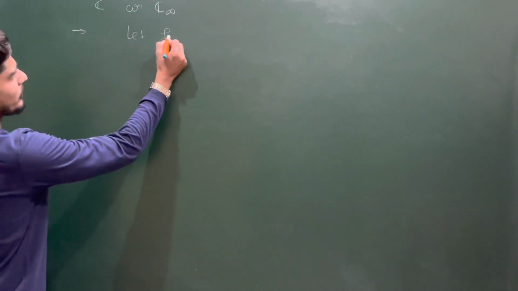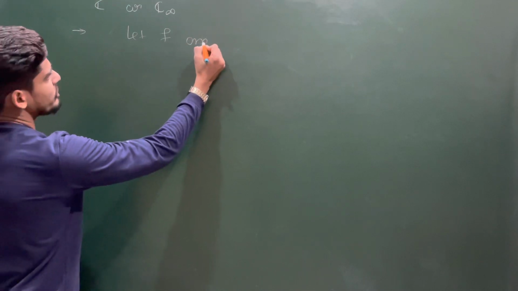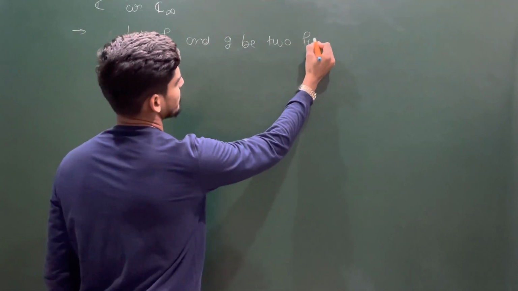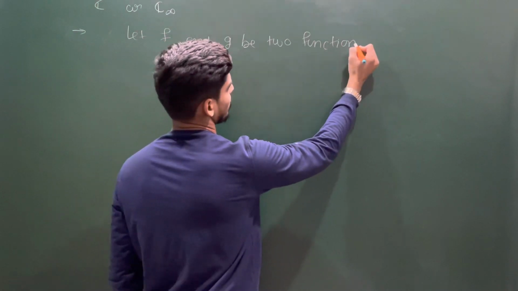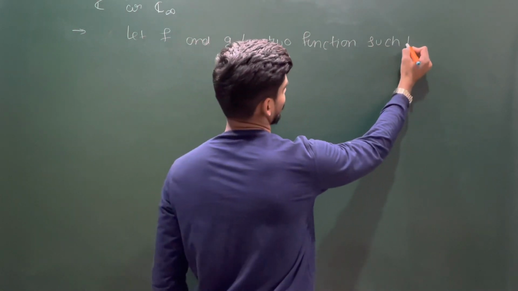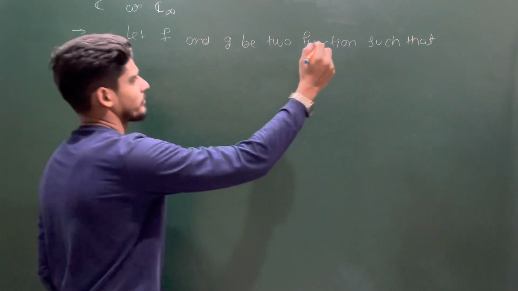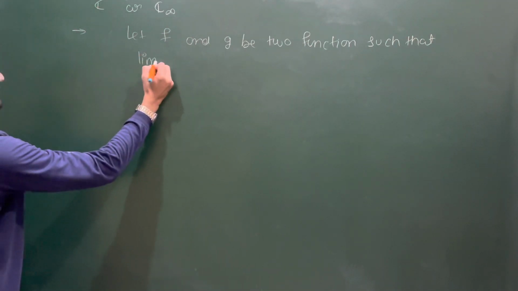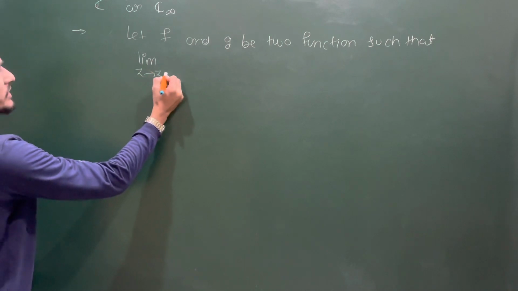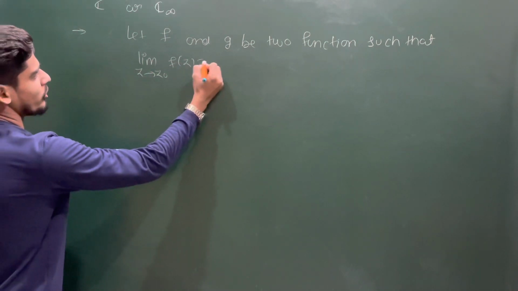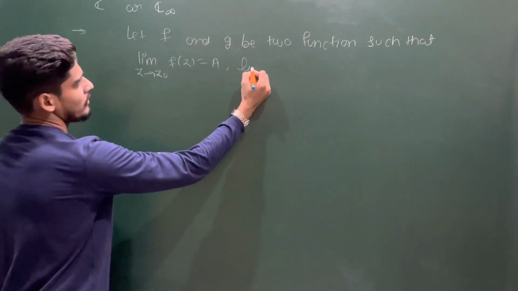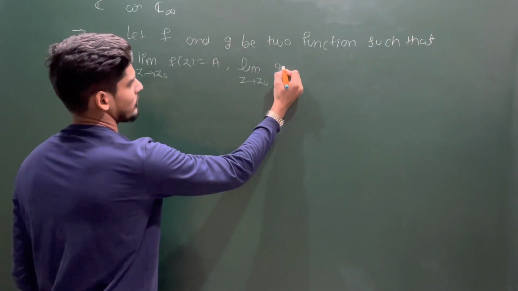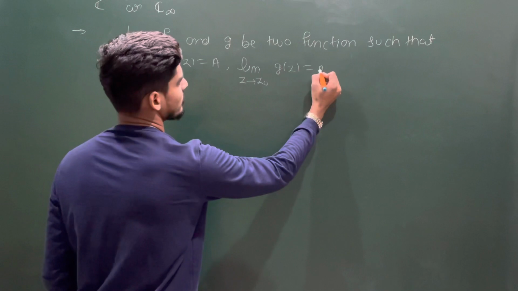Let f and g be two functions such that limit as z approaches z naught of f(z) is a, and limit as z approaches z naught of g(z) is b.